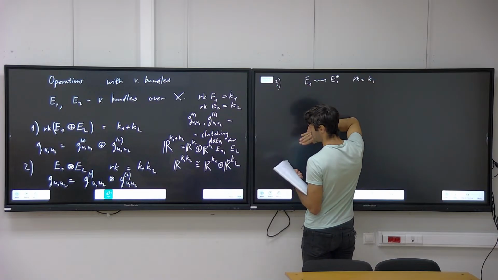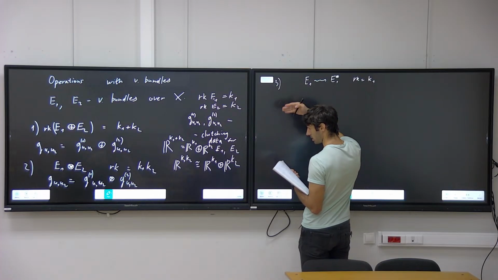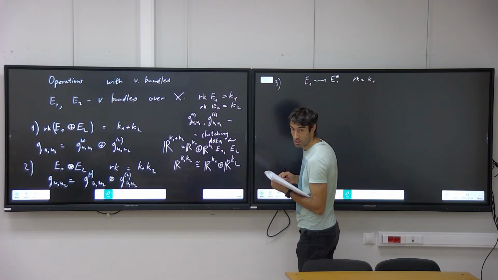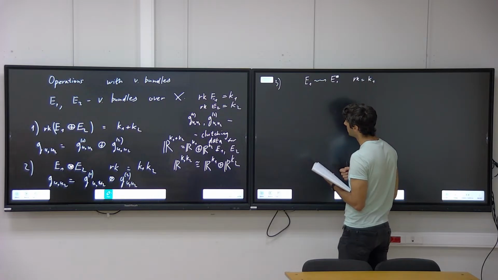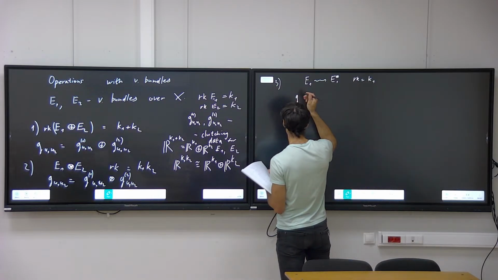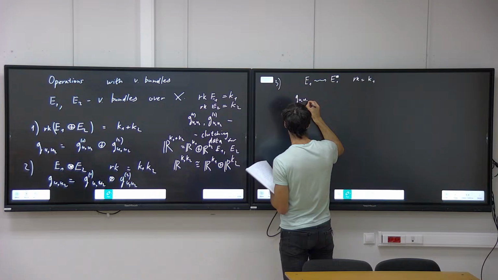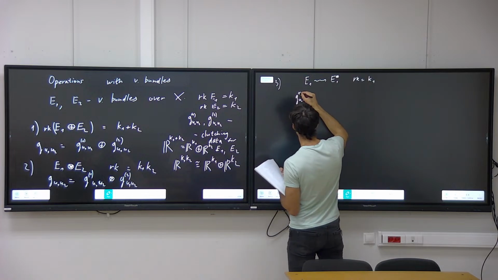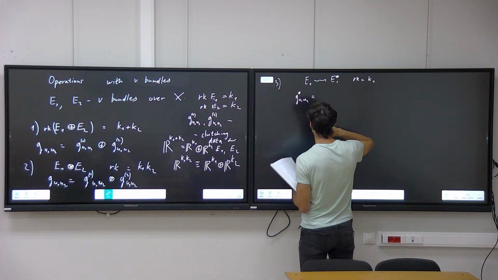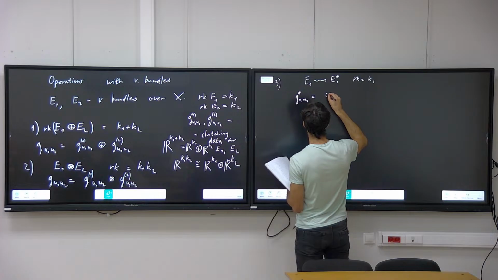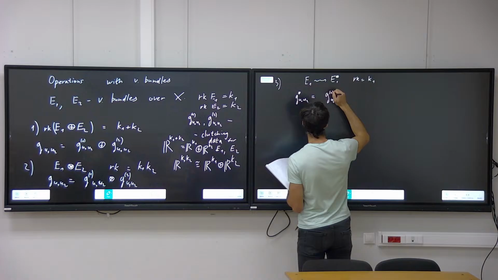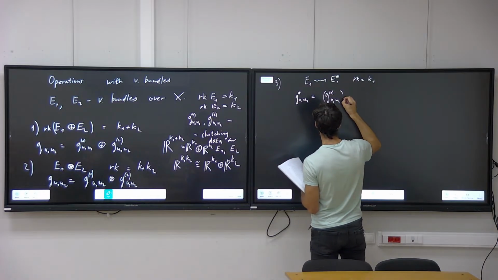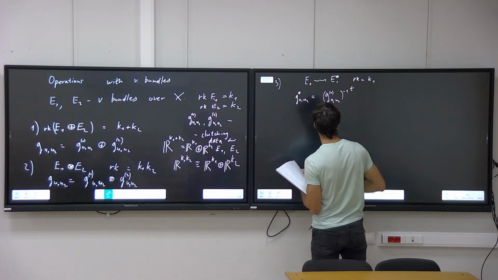We think of fibers as dual vector spaces to fibers of the original one, and the clutching data, we already discussed that when we talked about covector fields, we can define it like g star. I take g corresponding to this one, and then take the inverse, and then take the transpose.